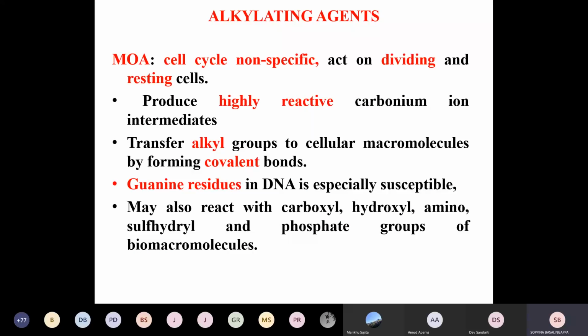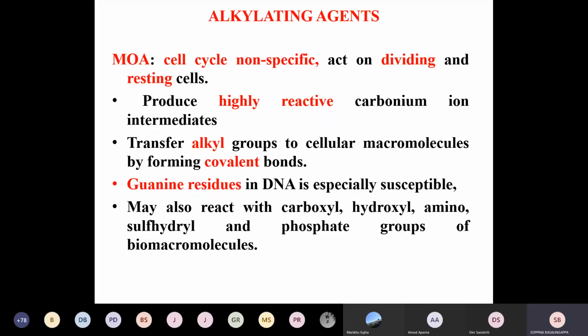Now coming to individual groups, their mechanism of action, uses, and any adverse reactions peculiar to them. Now these alkylating agents, what you have seen earlier, those drugs are cell cycle non-specific. That means they will kill dividing and also resting cells. How do they kill those cells?